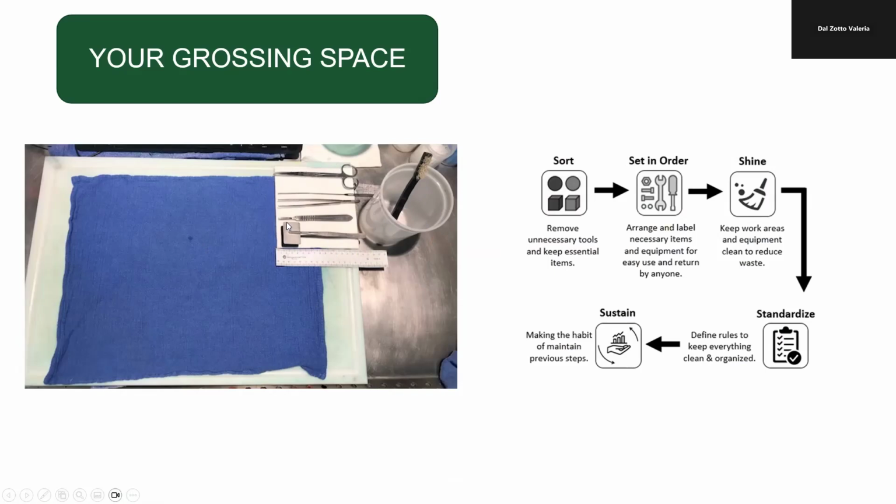Also, you're going to have your scalpels, your forceps, a probe, a scissor, this tool that I don't know the name, but it helps you to take thin sections, and a ruler. All of this is the basic. You can choose as you like, and with time you are going to feel comfortable with some tools. You are not going to use other tools, so you can arrange your table as you want.